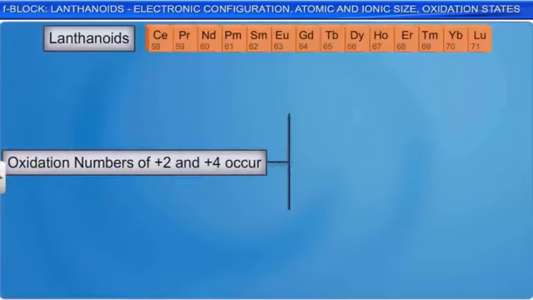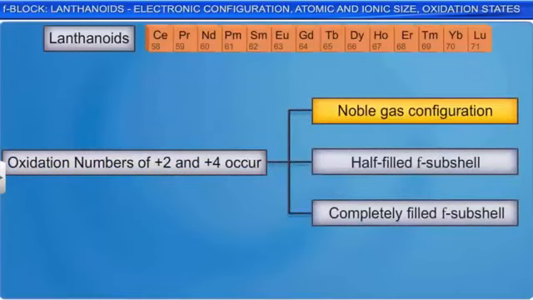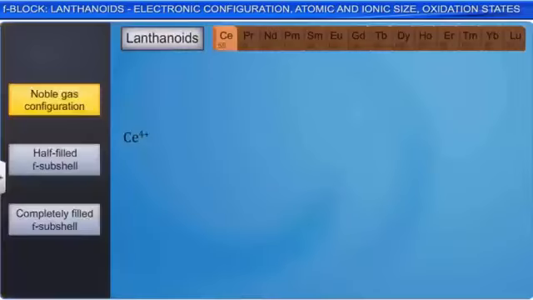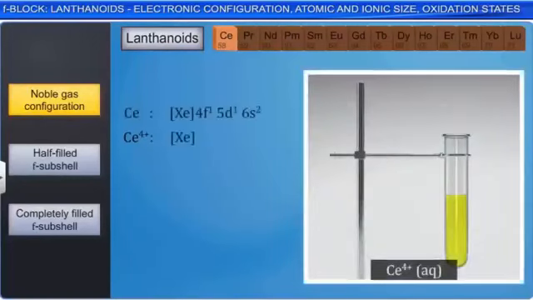An example of the first case is the cerium 4+ ion. Although cerium 4+ is favored by its noble gas configuration, it is a strong oxidizing agent, which is evident by the standard reduction potential value of the cerium +4, cerium +3 couple.